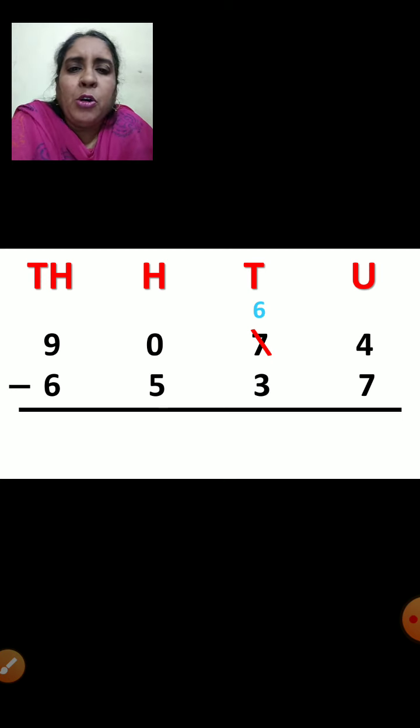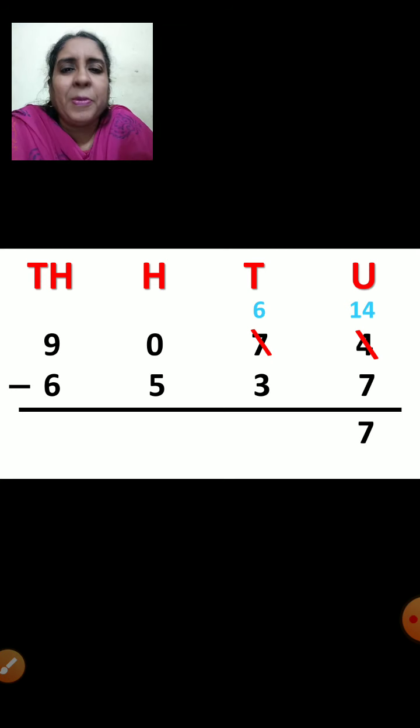Cut 4 and take that 10 to the units place. So, what will come in the units place now? 14. Very good. Now you can subtract, right? Now 14 is big, 7 is small. So 14 minus 7. What will come now? Yes. 14 minus 7 is 7.